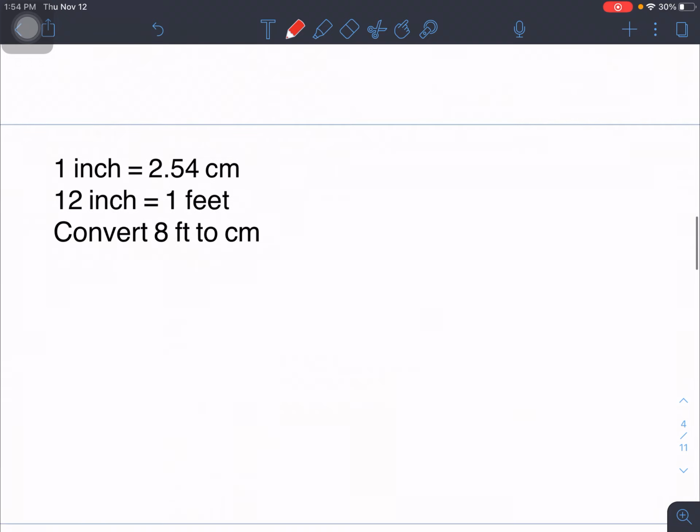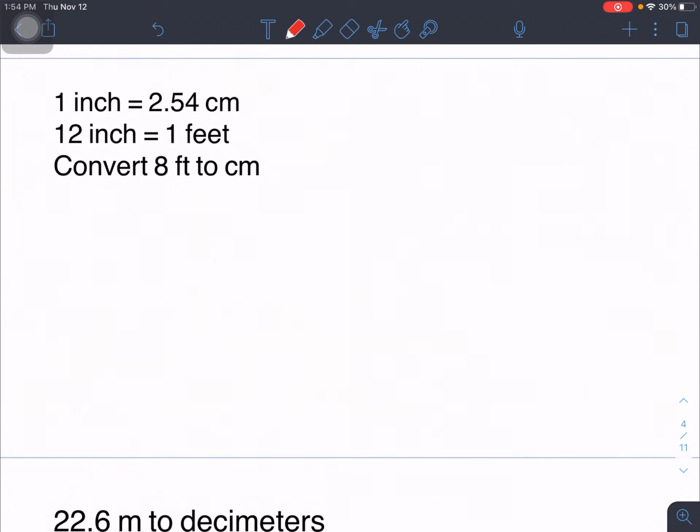So let's try another example. 8 feet. So no direct conversion from feet to cm, but we can convert first feet to inch, then inch to cm. So 8 feet multiplied by 1 foot to 12 inches, times 1 inch.